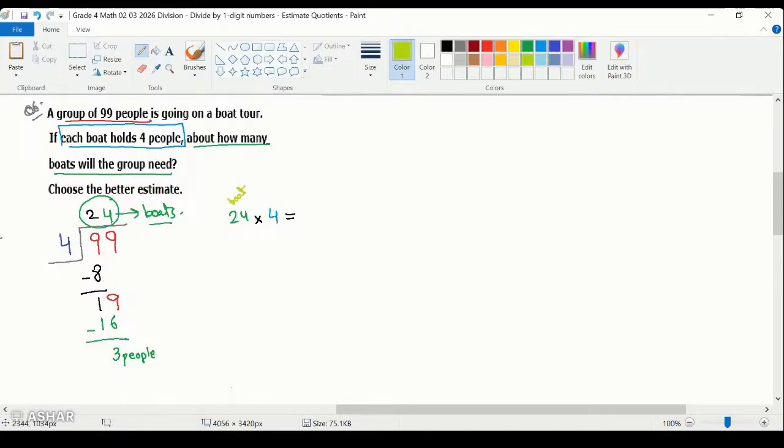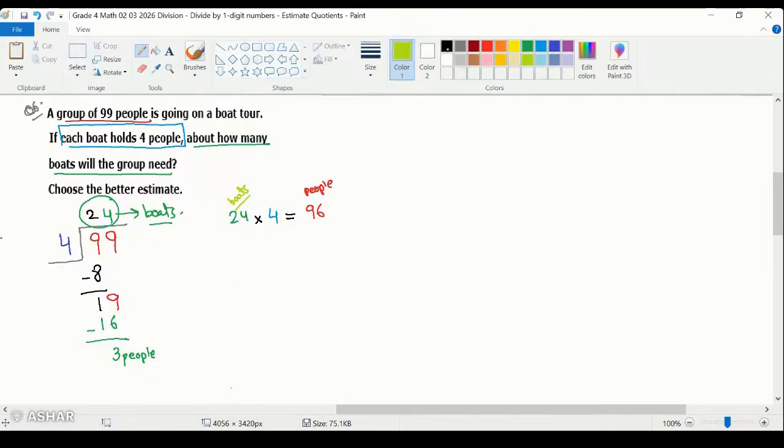These are the number of boats. 24 multiplied by 4 is 96. That means 96 people were settled down in 24 boats, right? But the problem is that three people are left.